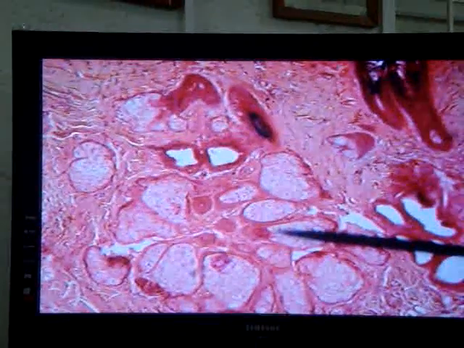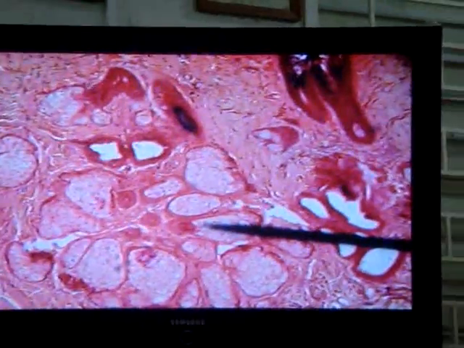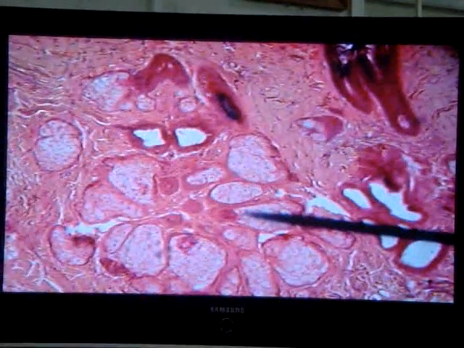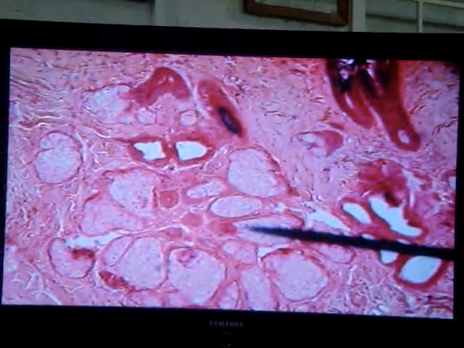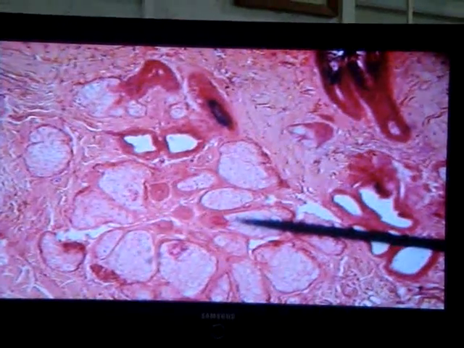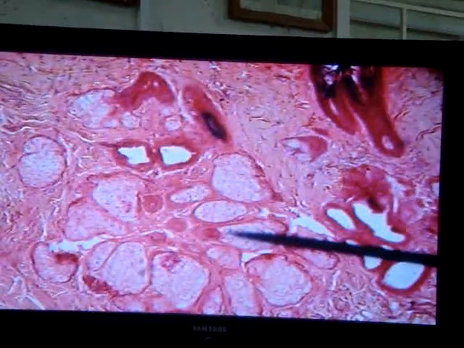And the apocrine sweat glands are found in the skin of the groin, the skin of the axilla, and the sweat glands we find in the perineum. So groin, axilla, and perineum. Some people say the ones in the lip are apocrine too, but I am not very sure about that.